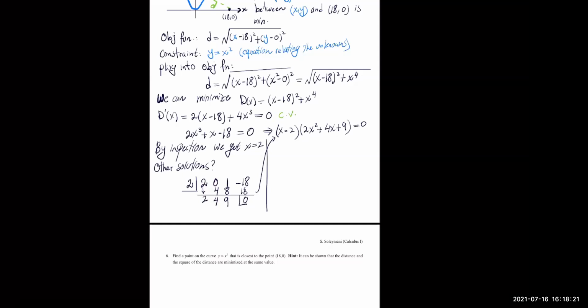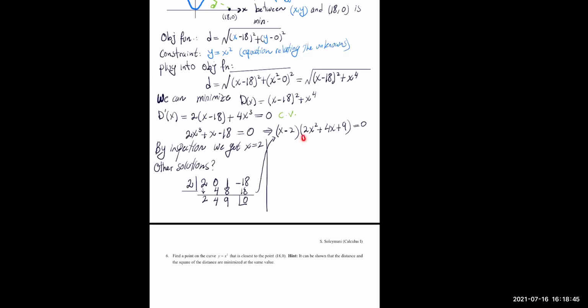We have to subtract or add them here. I added them. So bring the 2 down. You get 2. Multiply by 2. You get 4. Add 0 to 4. You get 4. 4 times 2, 8. Add them. You get 9. Thank you. Yeah, that's the synthetic division.